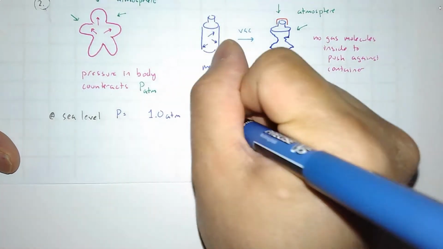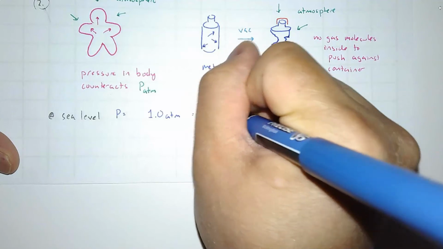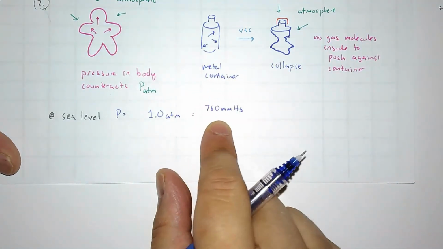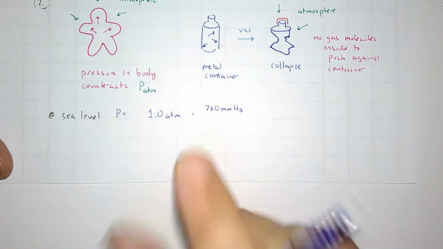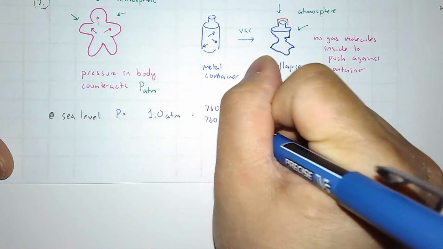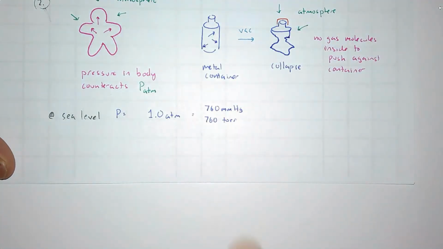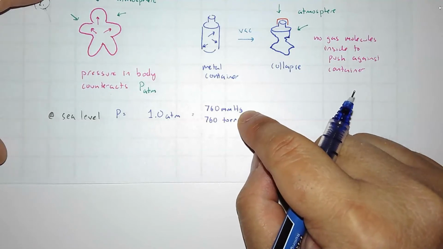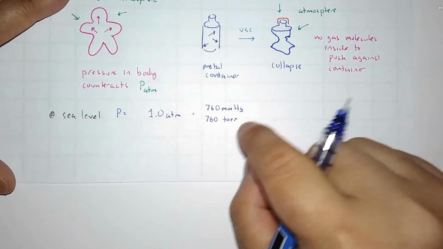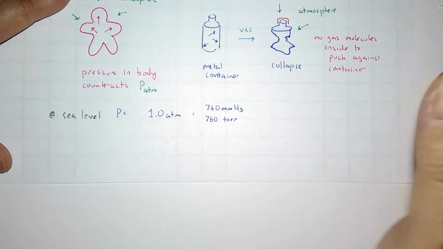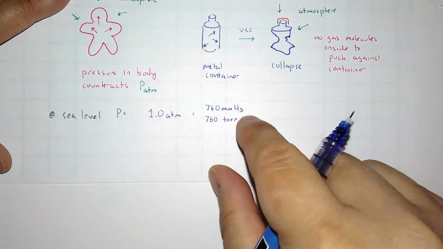Next, that is equal to 760 millimeters of mercury. We'll go over in just a bit why they're using a distance of mercury to relate to pressure. That is the same as torr, though. This measurement of millimeters of mercury was given a name, torr, for the person who developed the instrument, I think the manometer, to measure pressure.